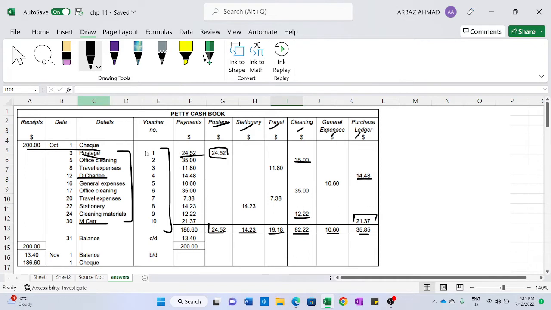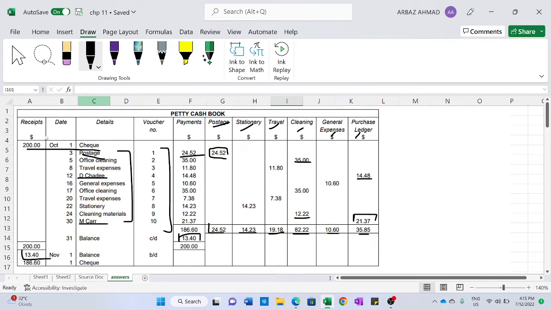At the end of the month, we are going to total up everything. Now if you notice in the question, they are saying prepare the petty cash book for October 2014, balance the petty cash and restore the imprest on 1st November. So you are supposed to restore it. This is your balance carried down, and this is your balance brought down.